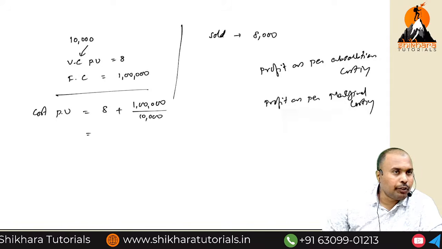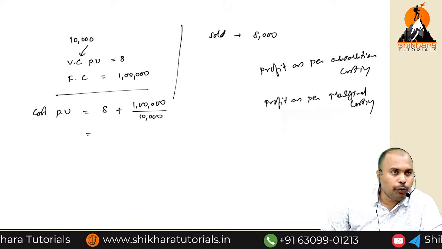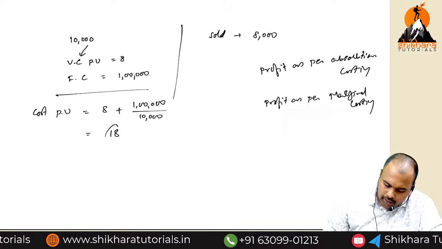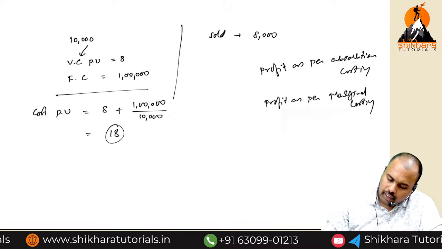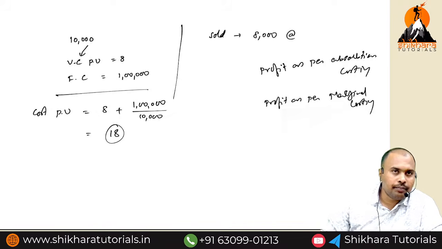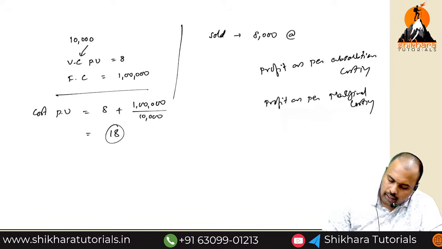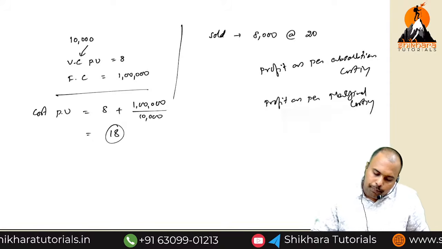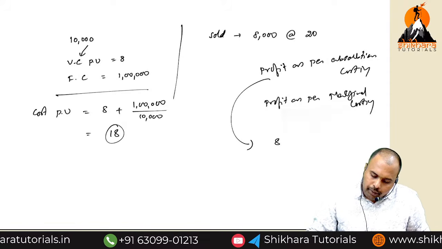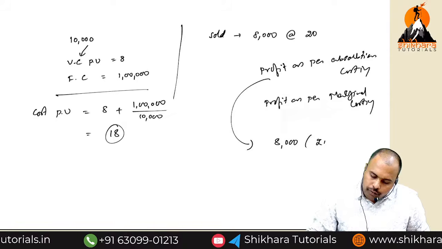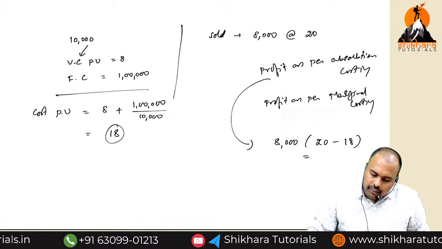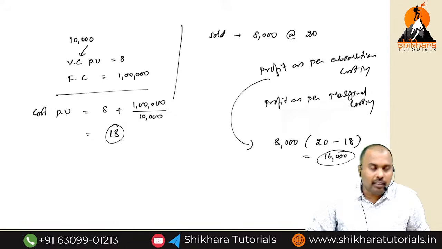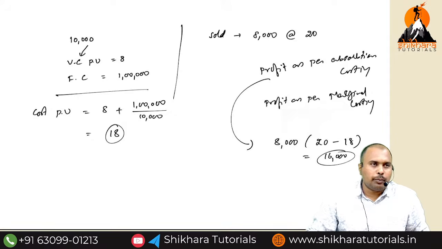Variable cost is 8 per unit, total fixed cost is 1 lakh, so the total cost per unit is 18 rupees. Let us say I sold 8,000 units at a rate of 20 rupees. Then the profit as per absorption costing is simply 8,000 into 20 minus 18, which is equal to 16,000 rupees. Clear? That is the profit as per absorption costing.